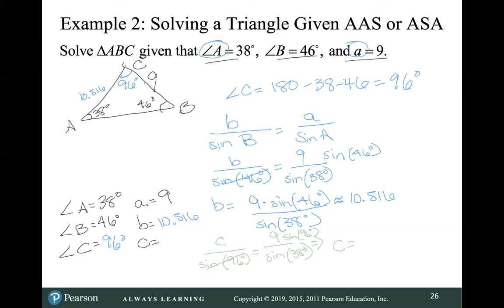C equals 9 times sine of 96 degrees divided by sine of 38 degrees. And that should give us 14.538. Again, no units given. That finishes our triangle: 3 angles and 3 sides.